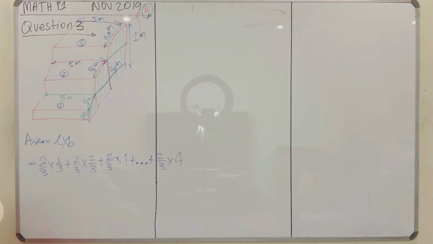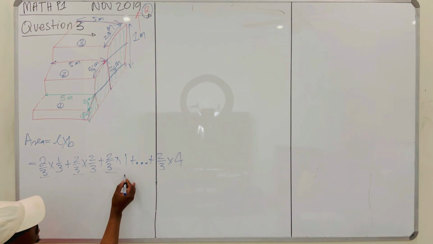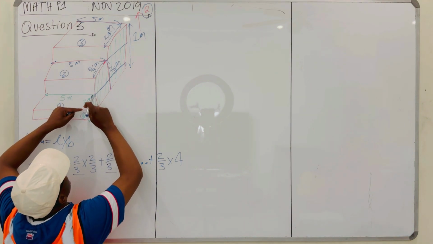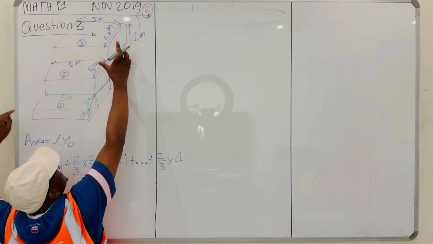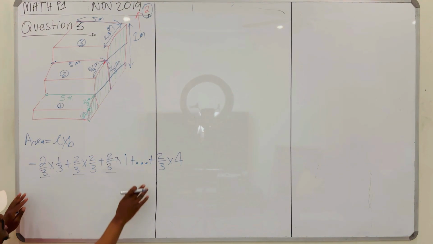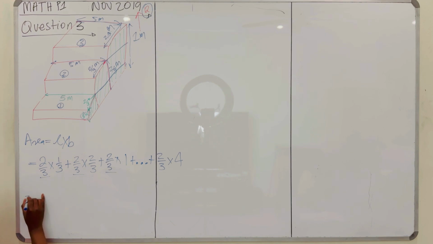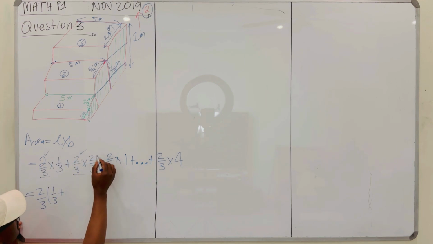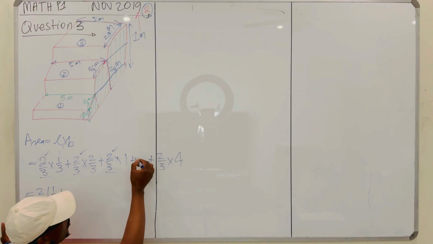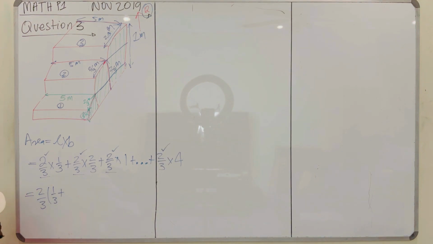because there's 12 of these things. So what I'm going to do, I'm going to take 2 over 3 as a common factor in all of them, because you can see that the length of each of the steps is the same, 2 over 3. You can take 2 over 3 in all of them. So in that case, your area is equal to 2 over 3 into what? Into 1 over 3, plus, take this out, take this out, take this out, and all others in between, and the last one.